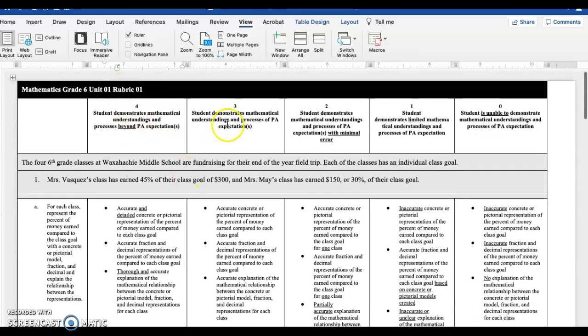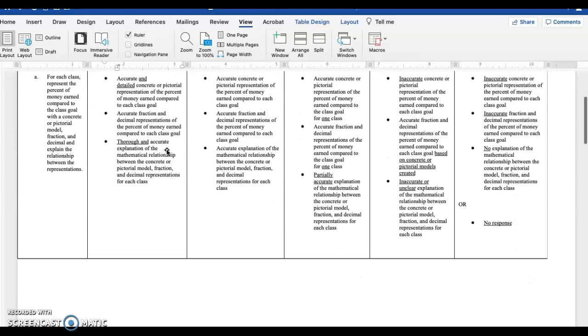So they're graded on a 4, 3, 2, and a 1 with a 0. And the kids can see what earns a 4, what earns a 3, 2, 1, and a 0. And then go through this and not answer the question, but maybe talk about what a thorough and accurate explanation, and I'm getting those words from right here, what a thorough and accurate explanation of the relationships between concrete, pictorial, fractions, and decimals for each of the classes.